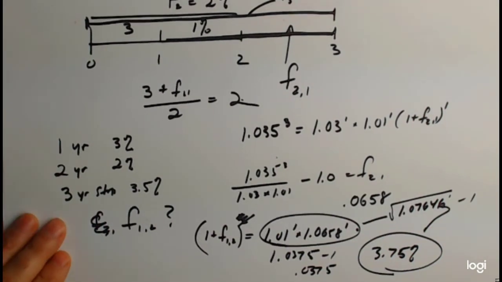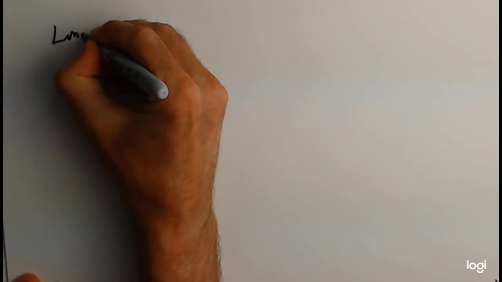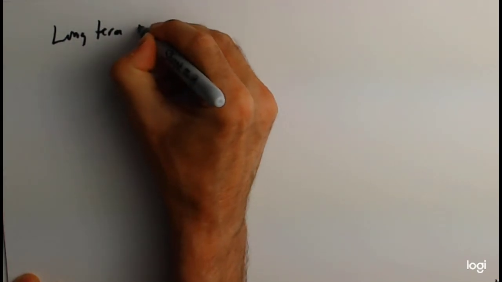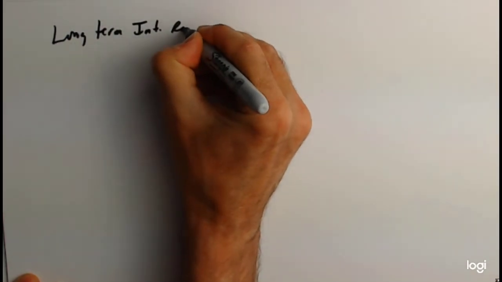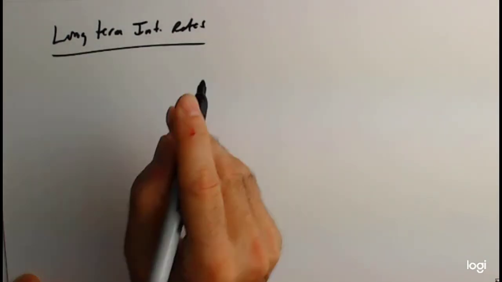So now, with this information in mind, let's look at how long-term interest rates are composed. Turns out that long-term interest rates are an average, a geometric average, or even, like I've been showing you, an arithmetic average of a spot rate for the first year.